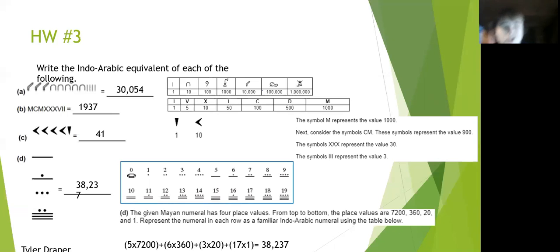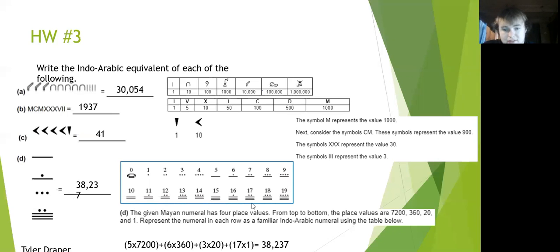Now we need to look at this chart down here to figure out what each one equals. So this one here, just a pure line, is going to be 5. So we have 5 times our place value, 7,200. Make sure that's in parentheses. Plus, this next symbol here is 6. 360 was our given value on that one. Parentheses plus, that's going to equal 3 times our place value of 20.